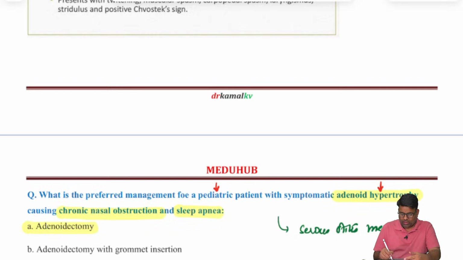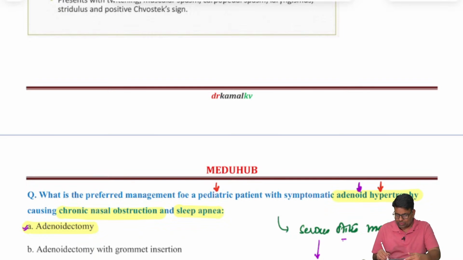So if this happens, then we have to go for option B, right? So here, adenoidectomy. Here, the problem is only with adenoid, so we will go with adenoidectomy.